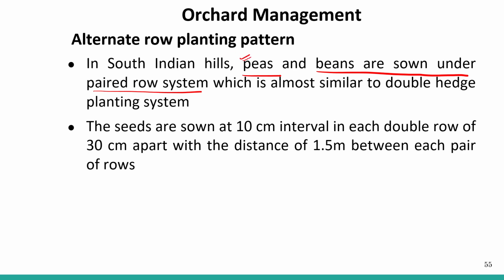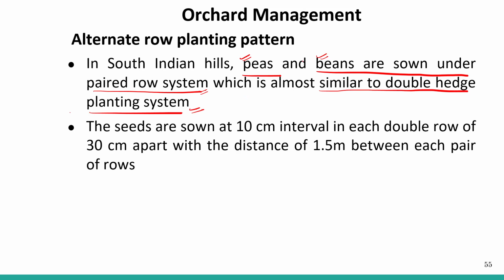So we are having both these plants grown in the South Indian hills. They are grown in a paired row system, which is almost similar to the double hedge planting system. So this is very important.